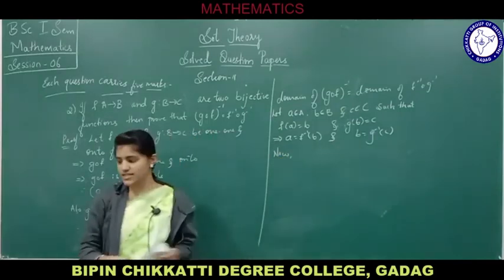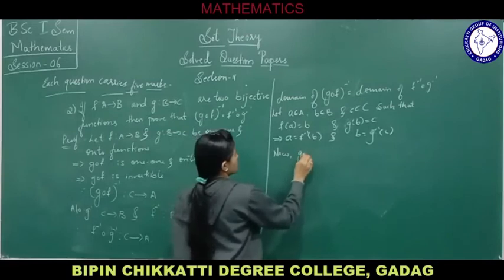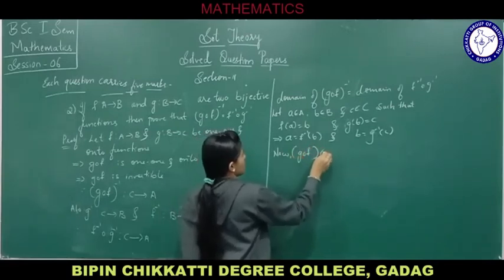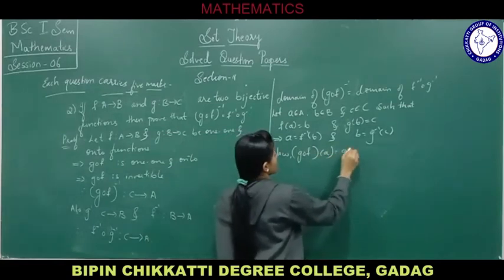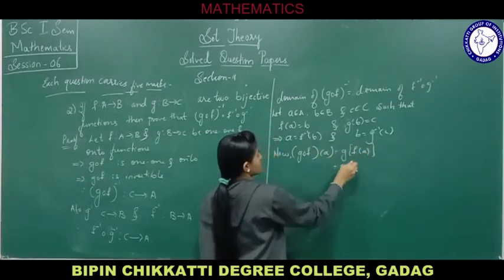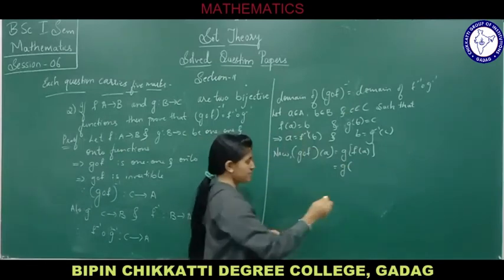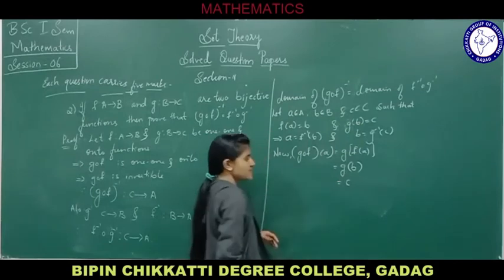Just consider the composition, that is g of f of a. How are we going to define it? What is f(a)? f(a) is b, right? g(b), and what is g(b)? It is c.